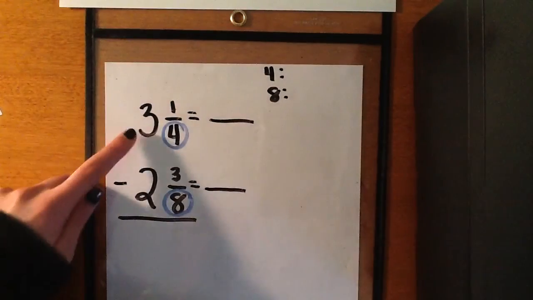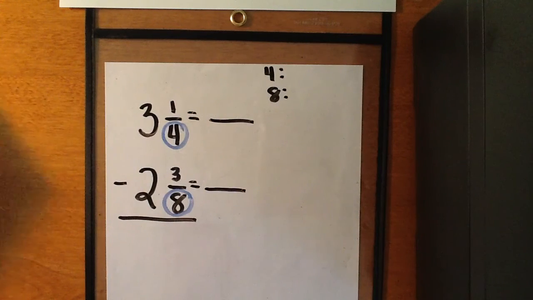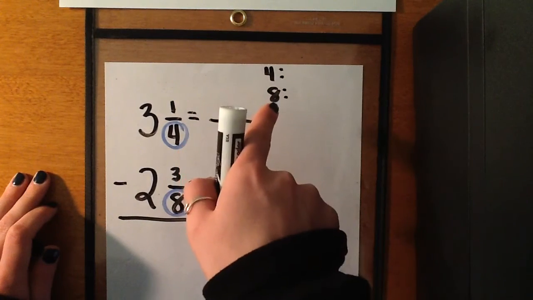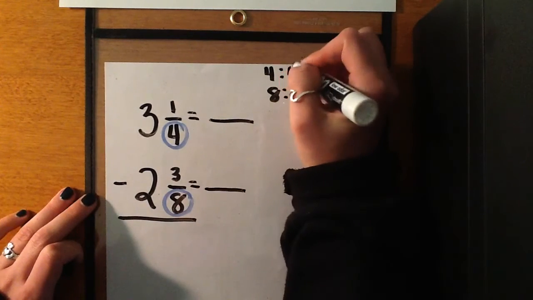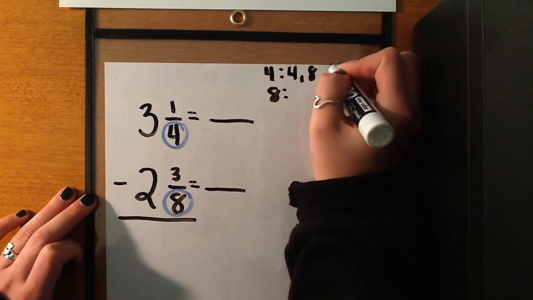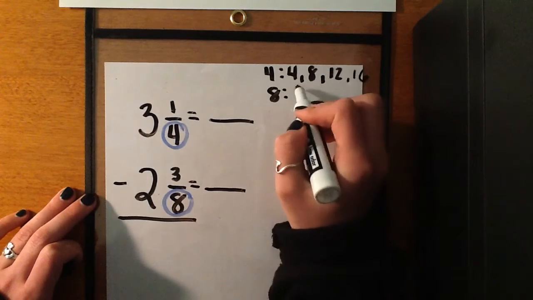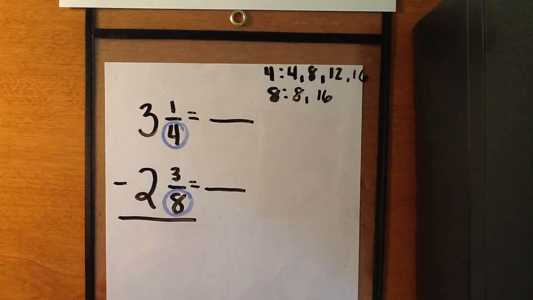So I'm going to set up my skeleton again. I have 3 1/4 minus 2 3/8. And what I'm going to do now is find the multiples of 4 and 8. So what do they both share? So 4 is 4, 8, 12, 16, and 8 is 8, 16, and I'm stopping there.